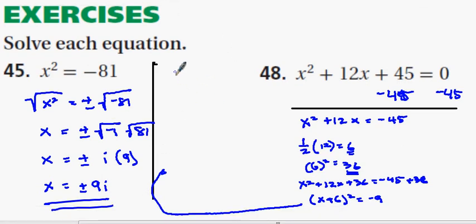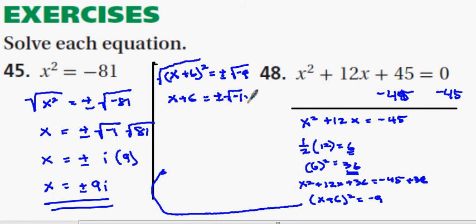Here now I have x plus 6 quantity squared equals negative 9. The square root of that, plus or minus the square root of negative 9. This just becomes x plus 6. This becomes the square root of negative 1 times the square root of 9.